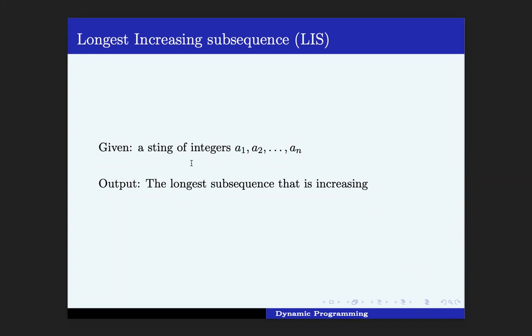For each i, M[i][0] would be the length of the longest increasing subsequence excluding the number A_i, and M[i][1] would store the length of the longest increasing subsequence with A_i in that sequence.